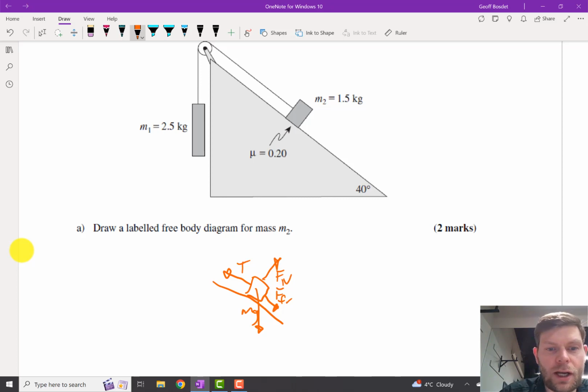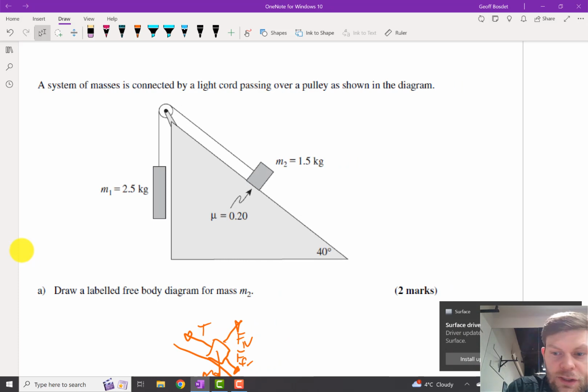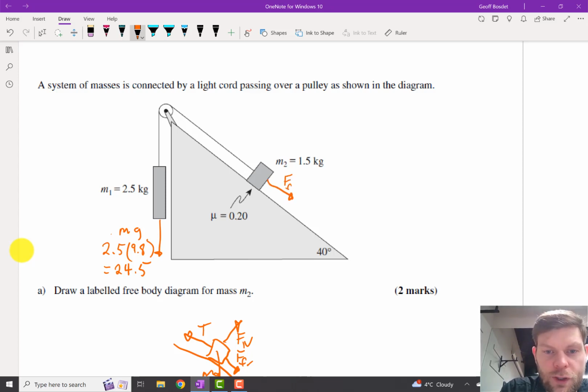Now, we will also want to find the acceleration, and that will be a fight between gravity, mg here, which is 2.5 times 9.8, or 24.5. And we've got a fight here. We've got our force of friction, and we've got our F parallel, which are both going to be fighting it.